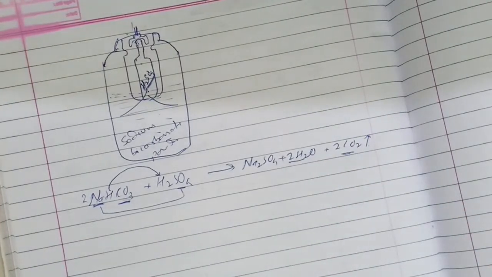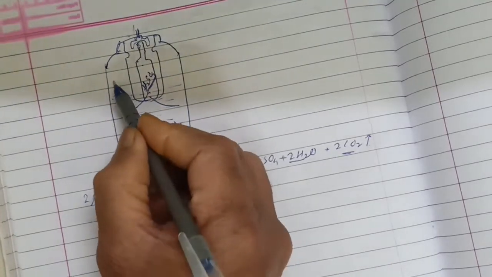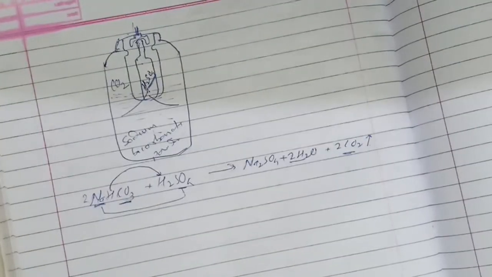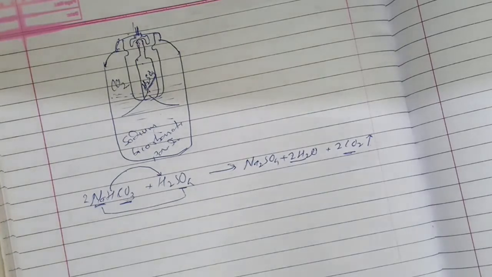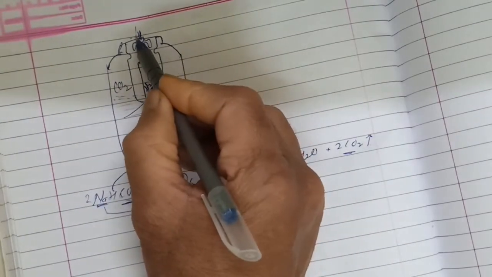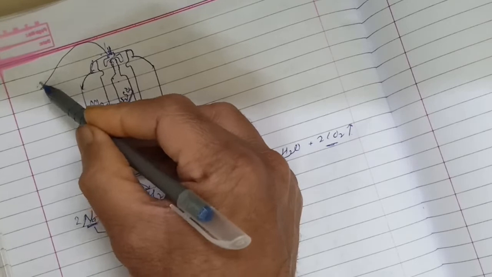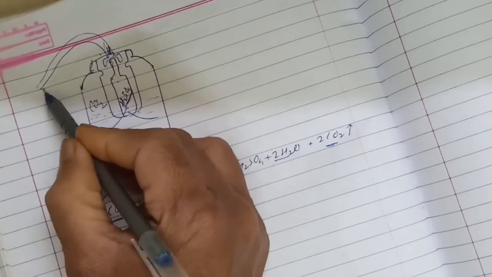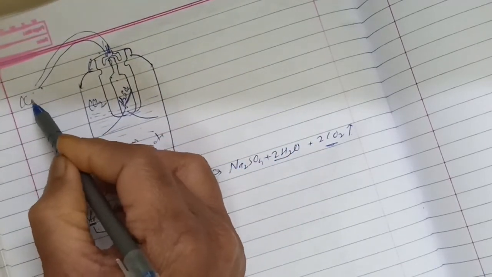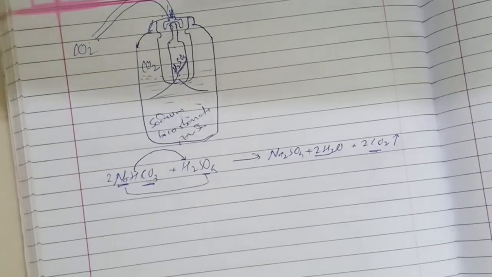So in this reaction carbon dioxide gas is produced. This gas then comes out through the pipes, which is used to extinguish the fire.